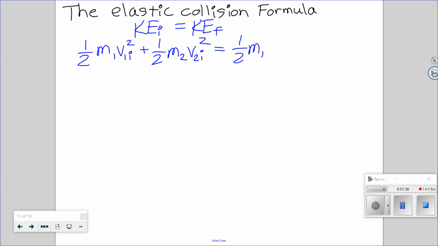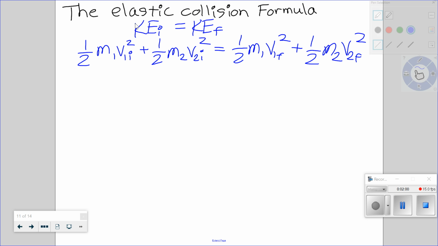Well, I know one thing we can cancel at least. We can get rid of those 1 halves. V2 final squared. Holy smokes. Okay, we have 4 different velocities. We could assume we know 2. We usually measure them to start. What are we going to do?